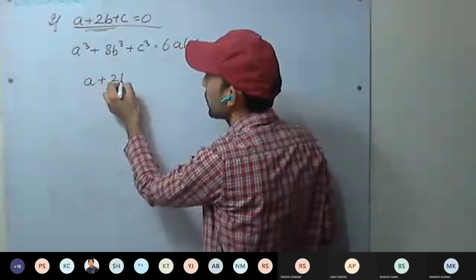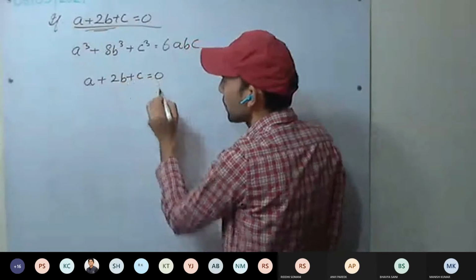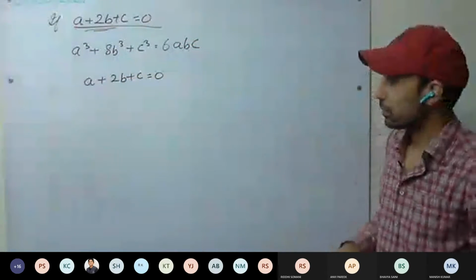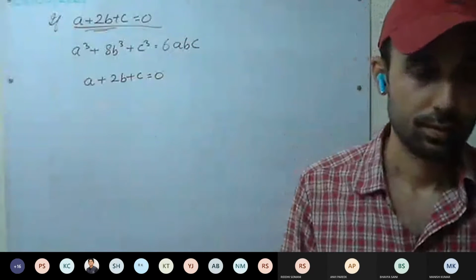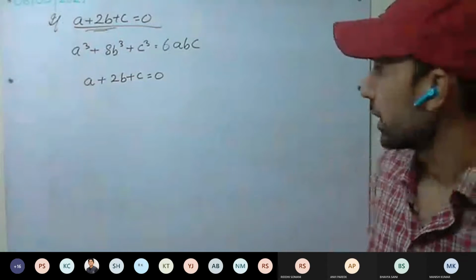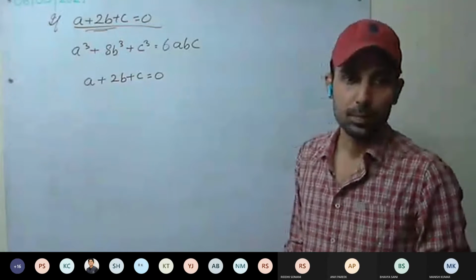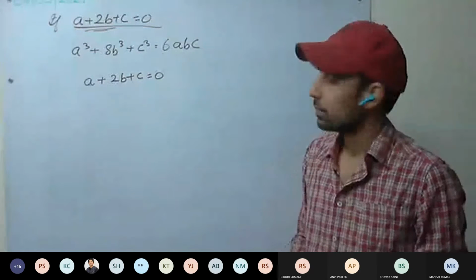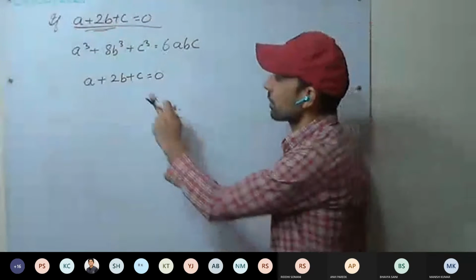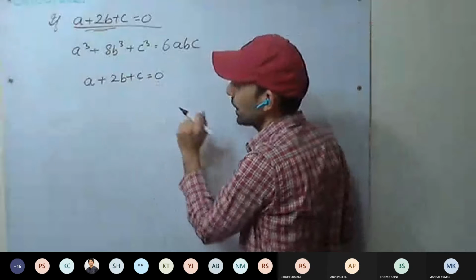a plus 2b plus c equal to 0. Next step will be what? We have to cube it.